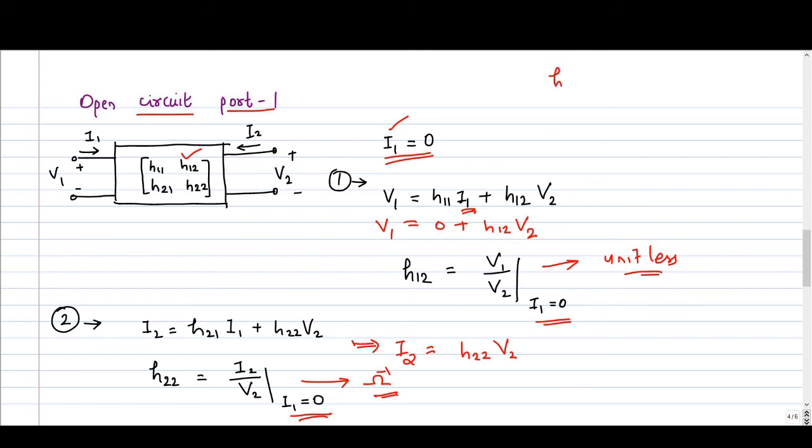That is why the name hybrid parameters or H parameters. So by applying these two conditions, that is short circuiting port 2 and open circuiting port 1, all the four H parameters of this two-port network can be evaluated.